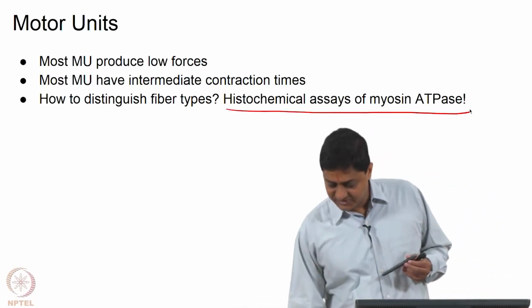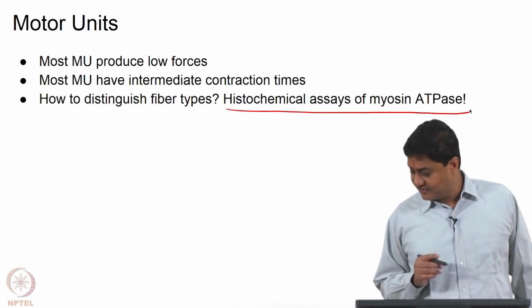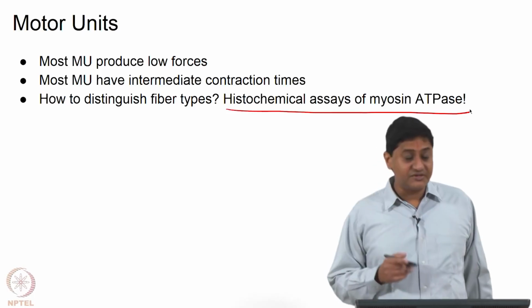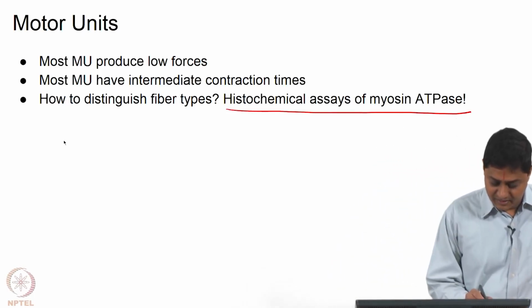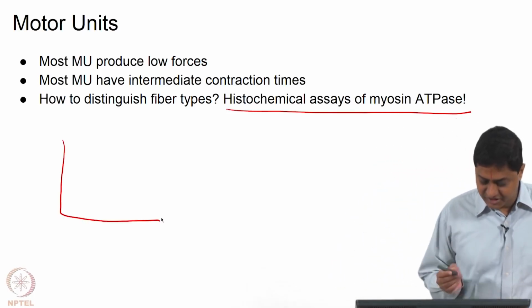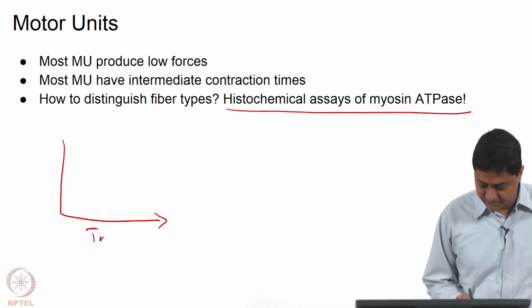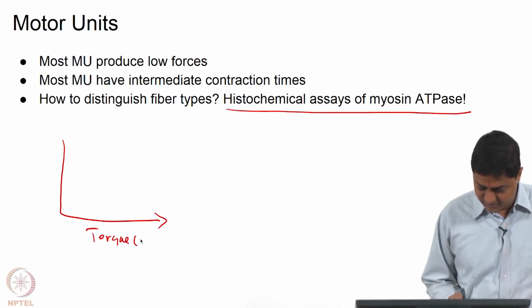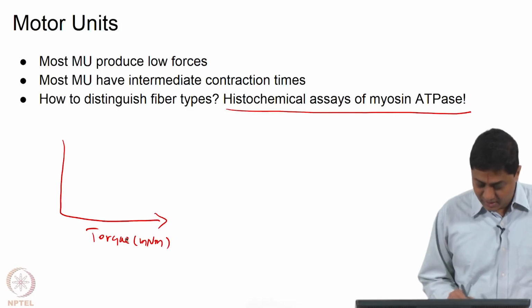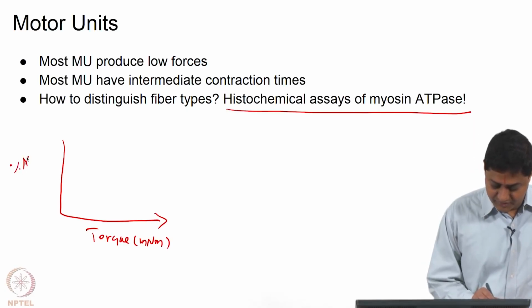intermediate contraction times. What you will see is that, suppose I were to draw a response as a function of, say, torque in millinewton meter and the percentage of motor units recruited.